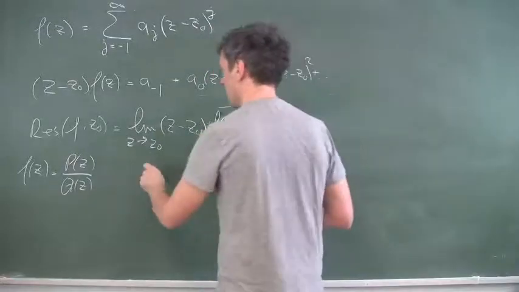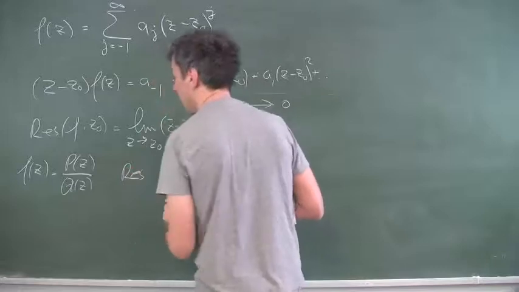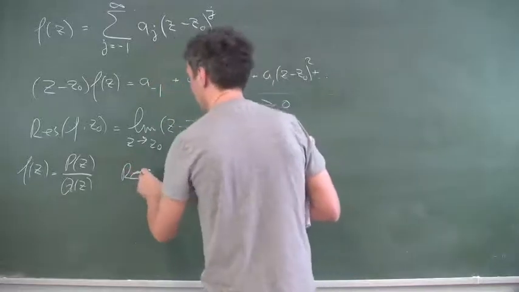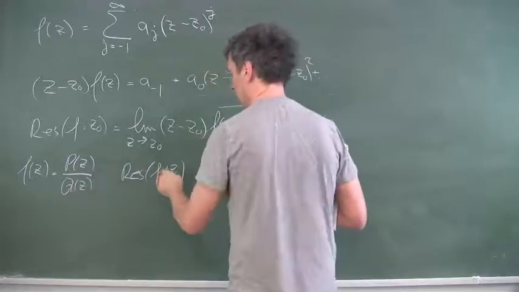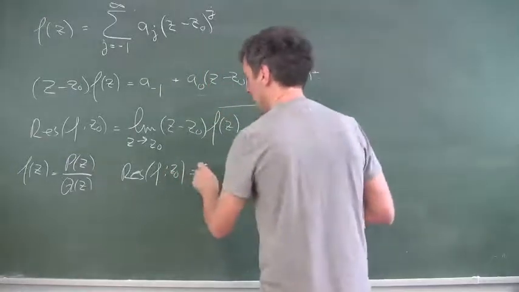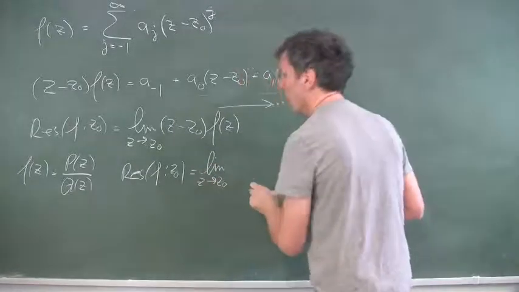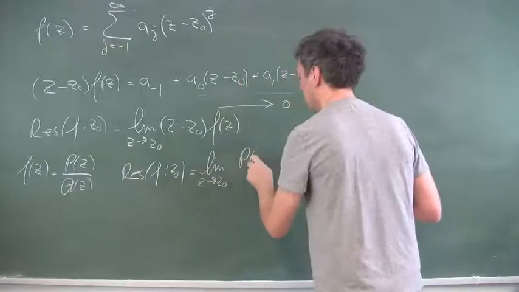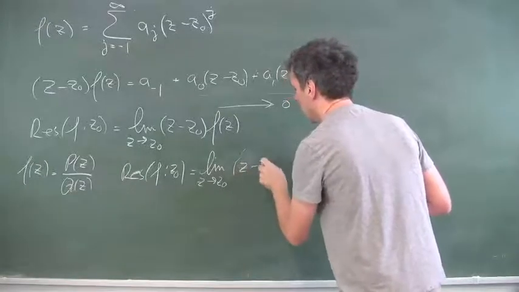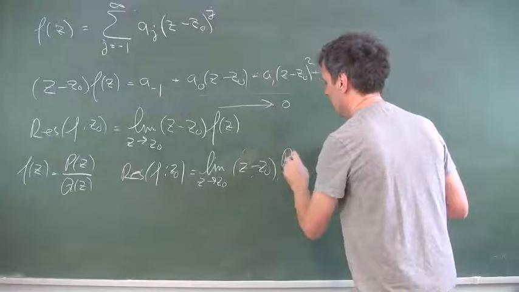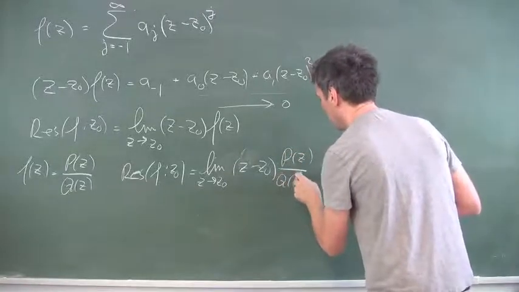Then we see that the expression for the residue of f at z0 can be written as the limit as z tends to z0 of (z minus z0) times P(z) divided by Q(z).